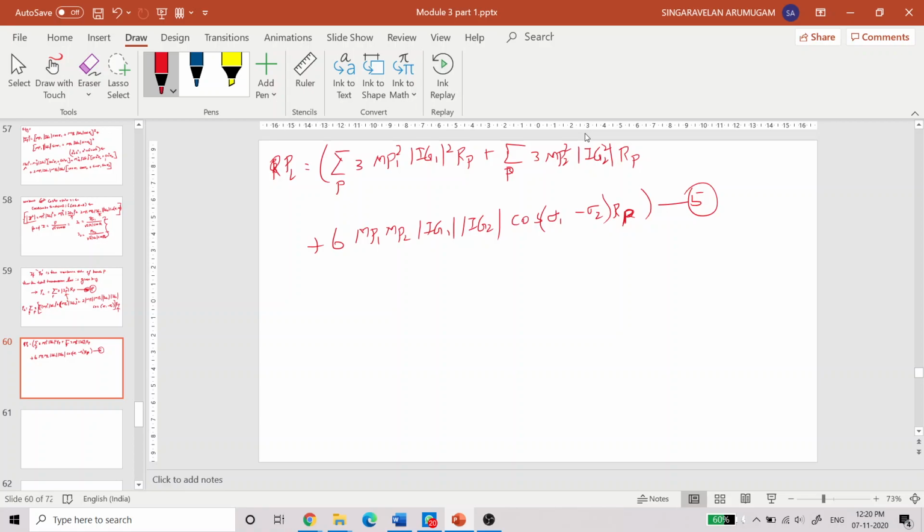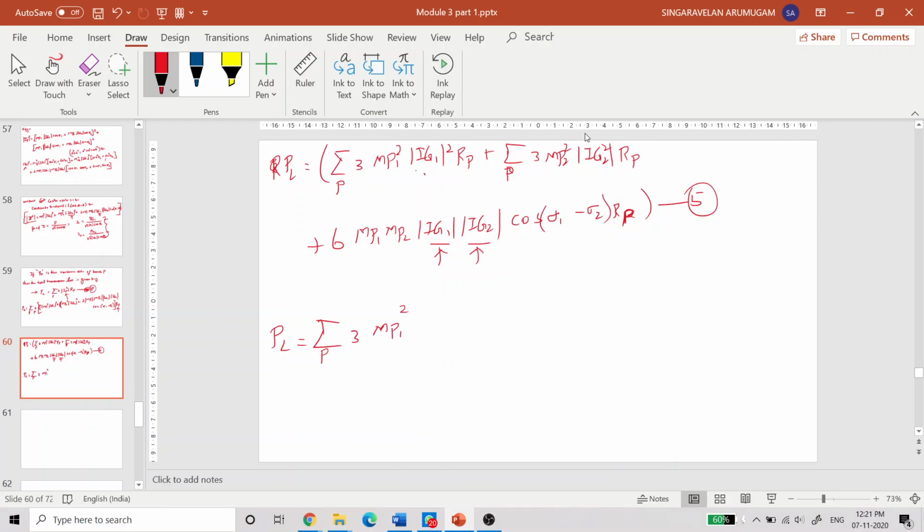Okay, now we need to substitute the Ig1 Ig2 values. If you are substituting in the previous case or now, no problem. Anyway, we need to substitute this Ig value wherever it is applicable. So if you substitute that, then finally the PL value is equal to summation of 3 MP1 square.